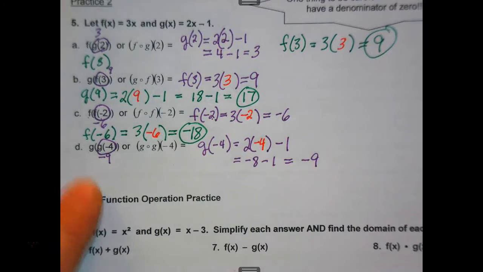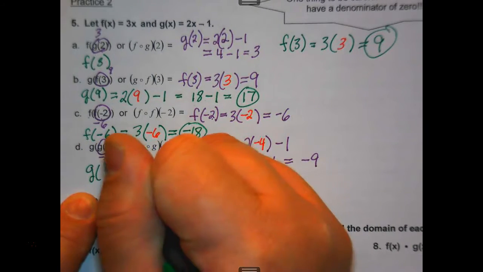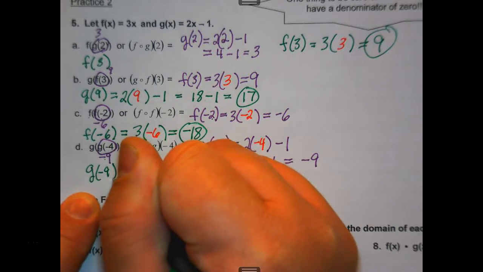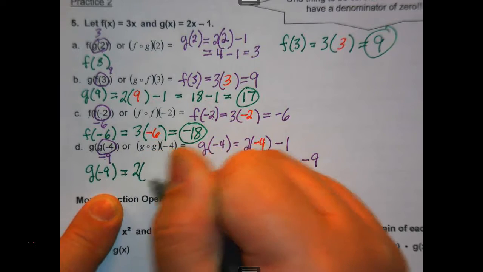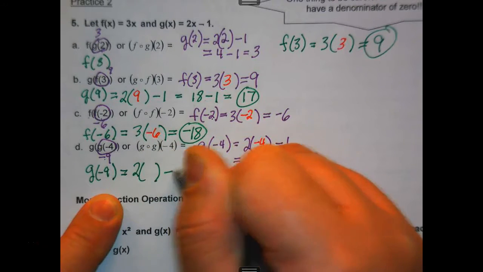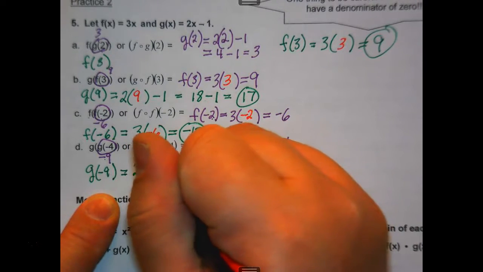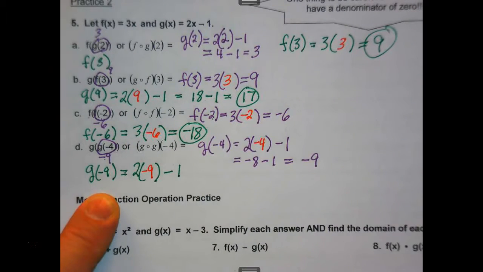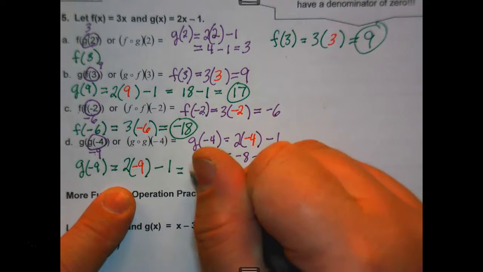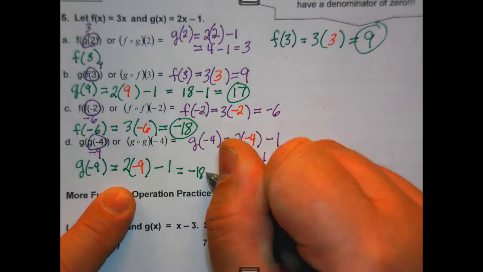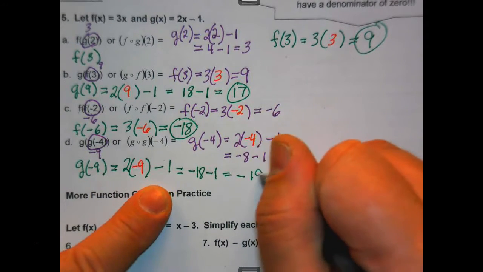So now I have to find the g of negative 9. My g function is 2 times x minus 1, and my x is negative 9. 2 times negative 9 is negative 18, minus 1, which is negative 19.